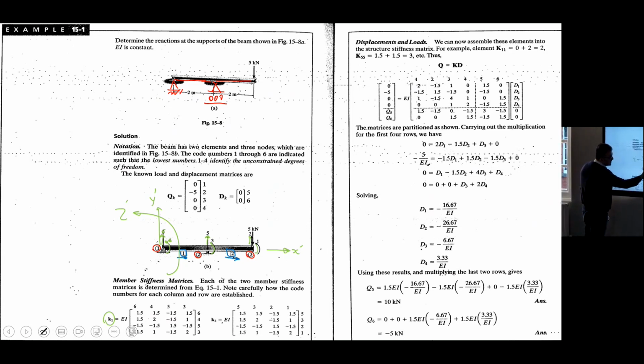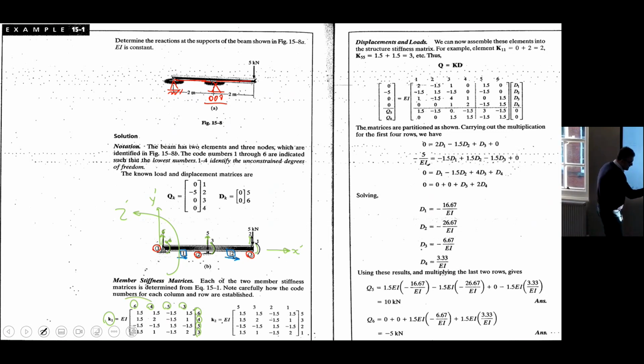Element number 1 is this one, corresponding to degrees of freedom 3, 4, 5, 6. Just to remember, I write them 3, 4, 5, 6. 6, 4, 5, 3. These 6 and 4 are for the near end. These 2 are for the far end, just to be consistent with the previous one, right?